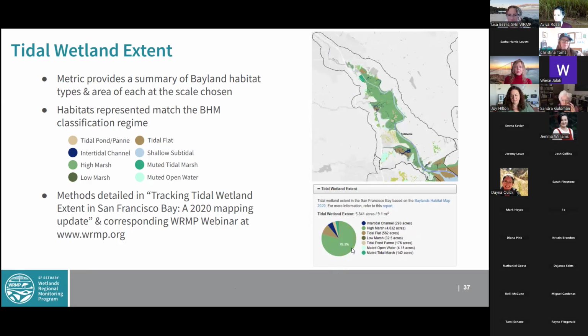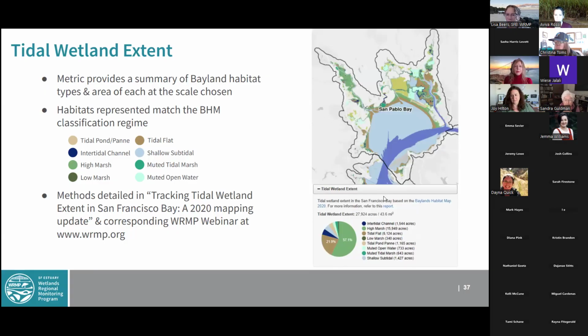Scaling up to the OLU level, you can see that the majority of the tidal habitat within this OLU is vegetated marsh, but you also have your tidal flats and channels. And then scaling up to the subembayment, you get a summary of all of the different tidal habitat types within here.